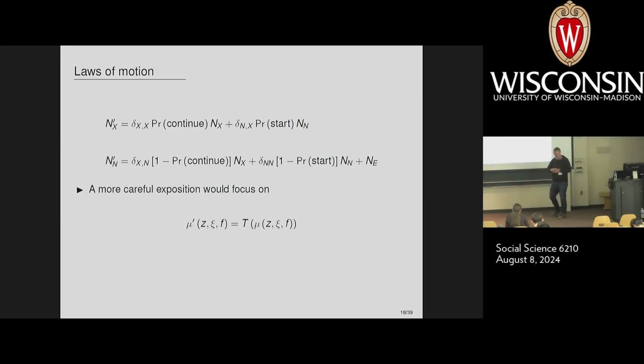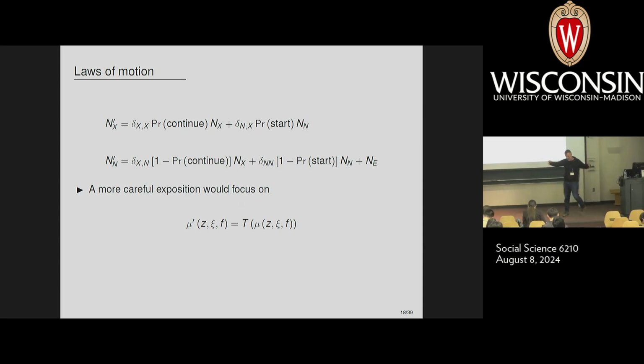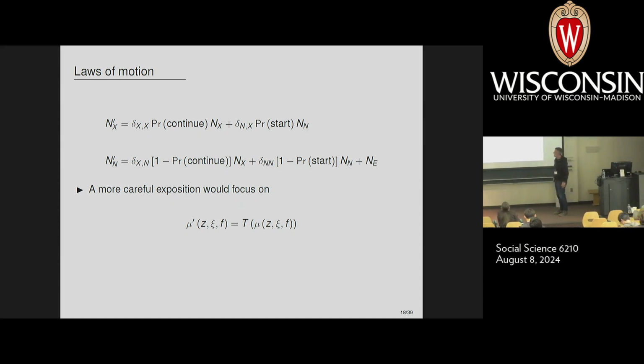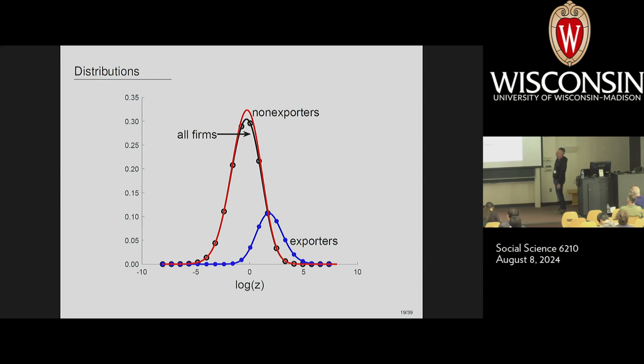But eventually, in the steady state, this model has an invariant stationary distribution over this measure of firms. So this model, without any aggregate shocks, will eventually settle down into a stationary steady state where the aggregates are constant, but firms are constantly bouncing around inside the distribution. Here's what that would look like.